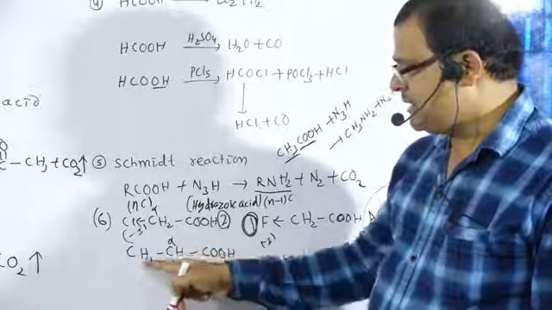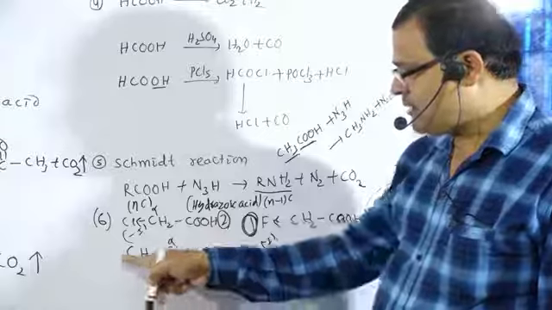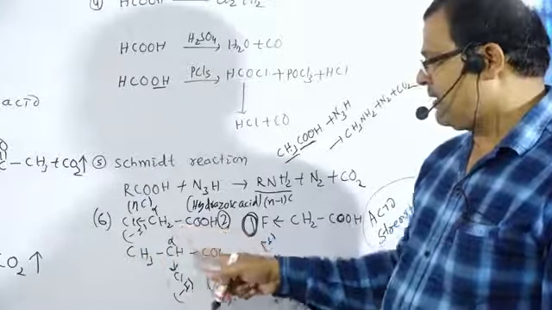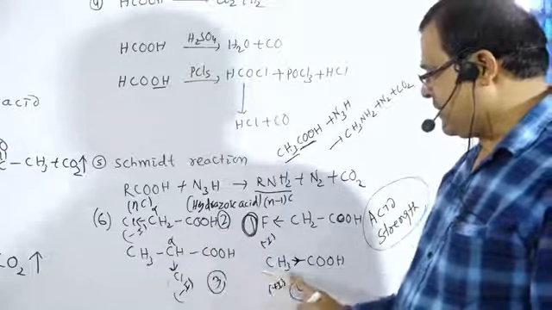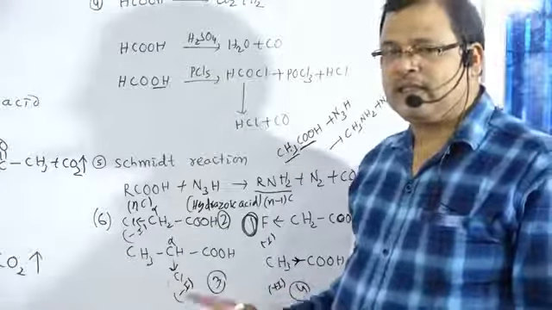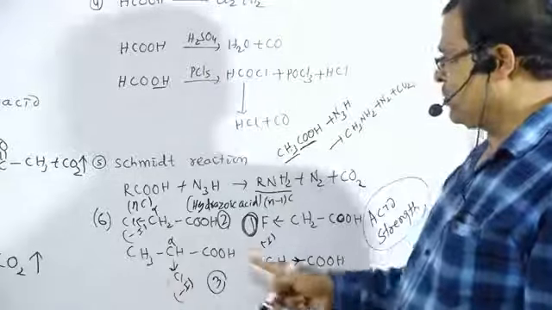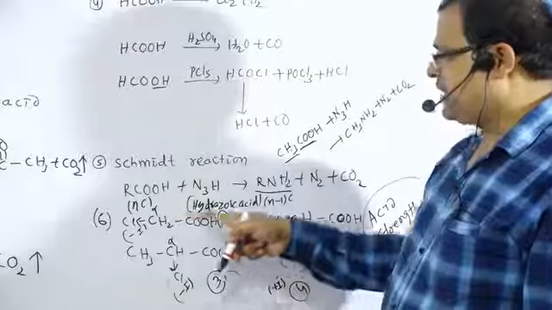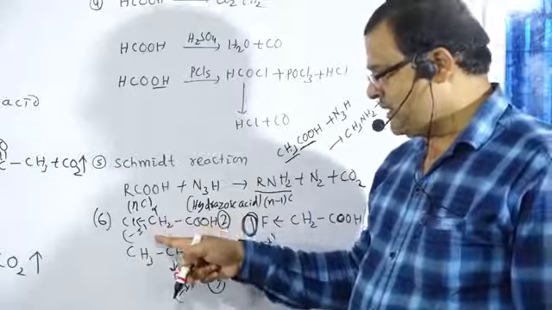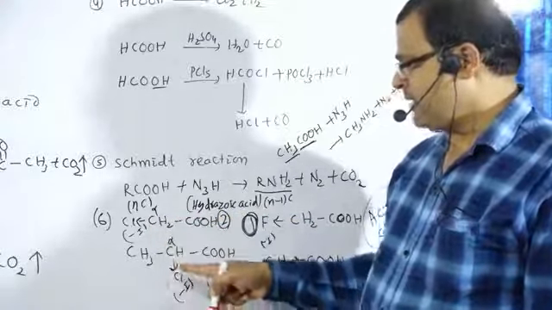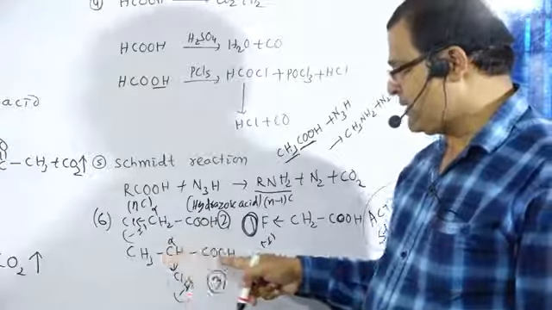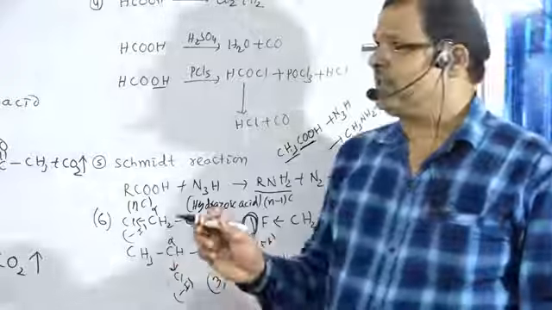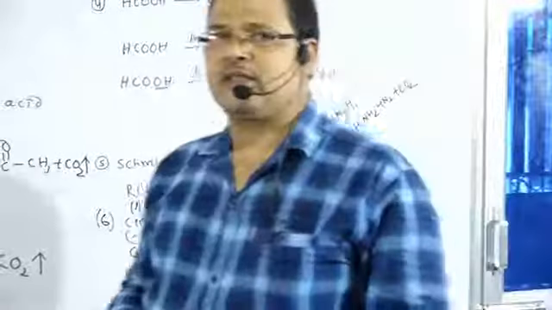But in one, in addition to the minus I group, there is a plus I group, which decreases the acid strength. So this will be second, and this will be third. The presence of a plus I group decreases the acid strength. So regarding acid strength: fluoroacetic acid is greater than chloroacetic acid, greater than 2-chloropropanoic acid, greater than acetic acid. These are the different types of questions that we have discussed.